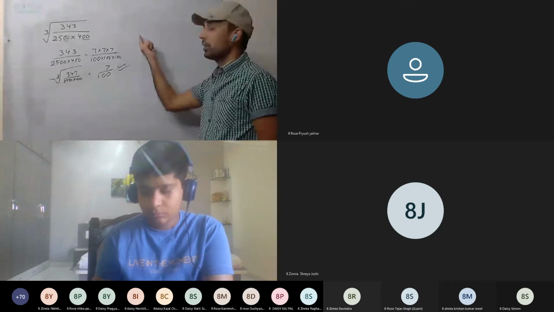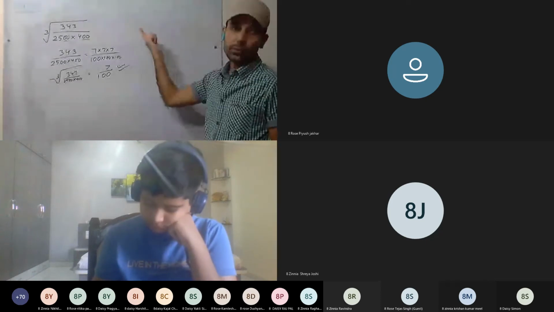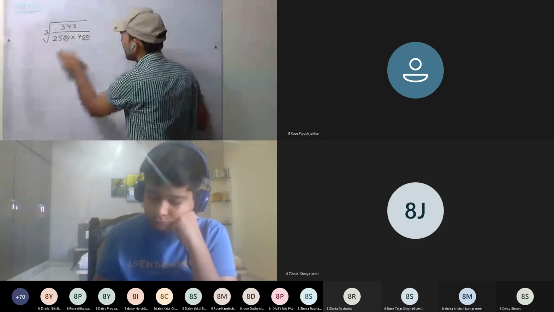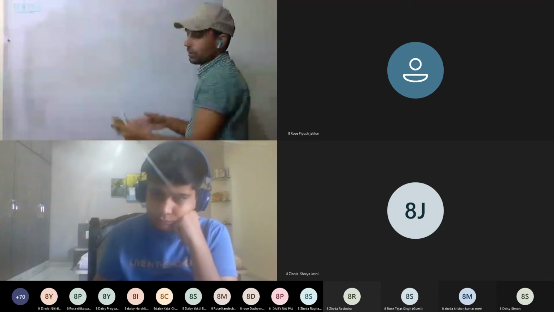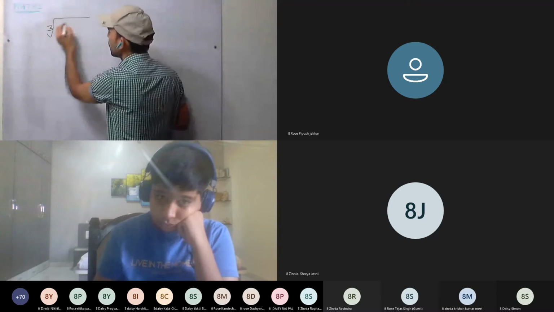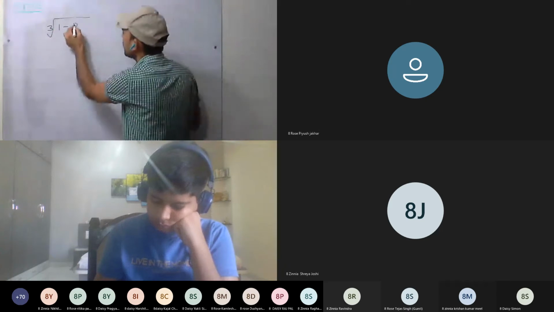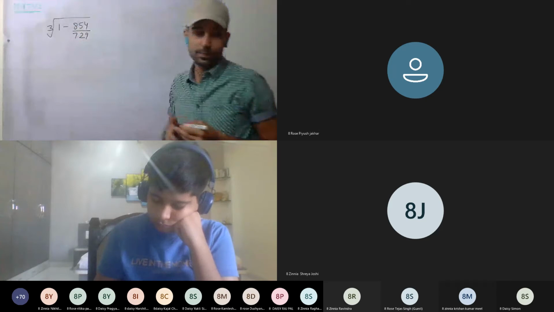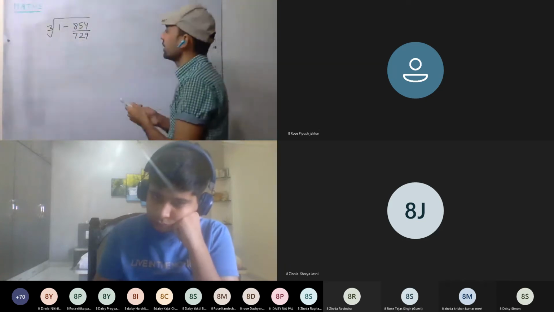First we have to solve within the cube root. Whatever is written, you have to solve first. So first we will be subtracting. So it is the cube root of 1 minus 854 upon 729.